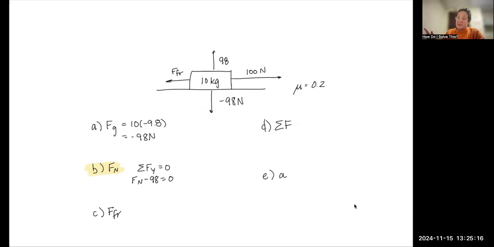Force of friction, though, we do get an equation for. And it is mu times the normal force. So that's 0.2 times 98, which is 19.6 newtons.